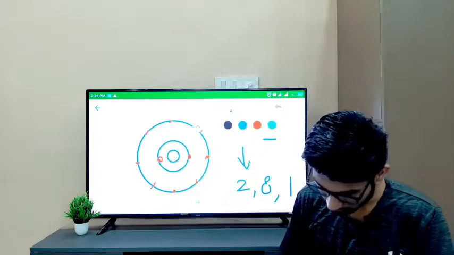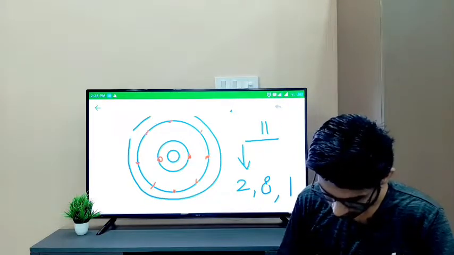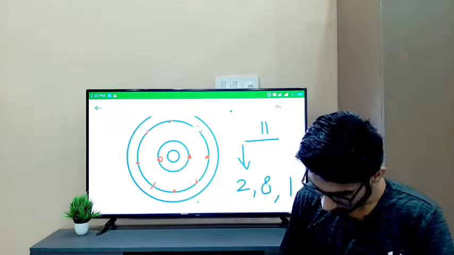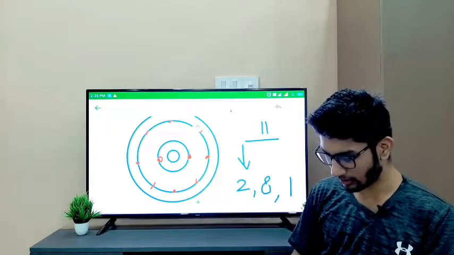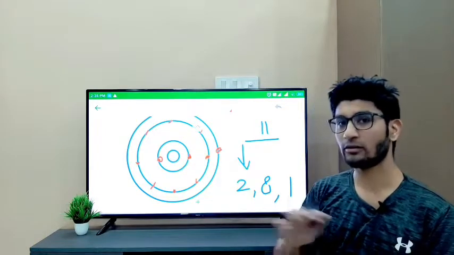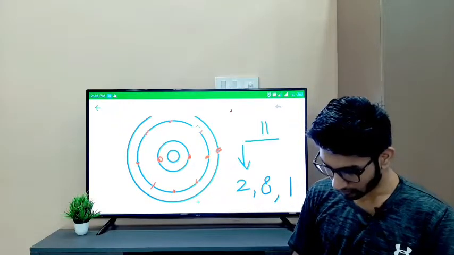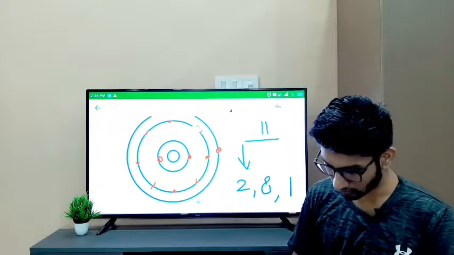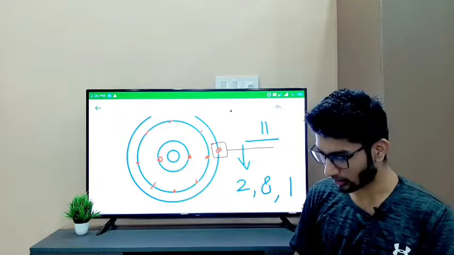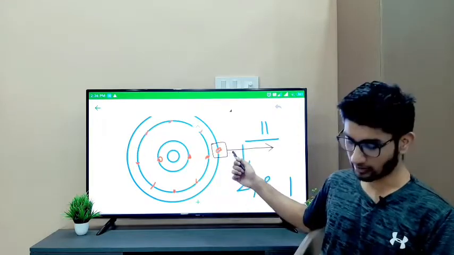We'll need another shell. Now the remaining electron will be placed in the outermost shell, because the first 2 shells are already full. This is the electron that we are interested in, and this is the electron that is going to take part in the chemical reaction, right?